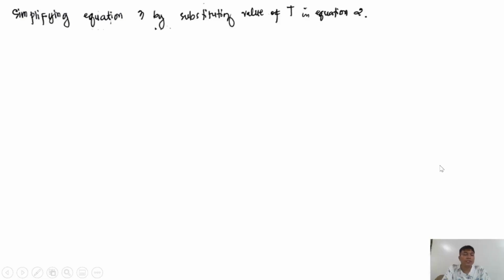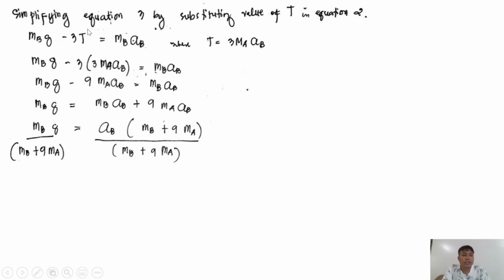Now, simplifying equation 3, substituting the value of T in equation 2. This is our equation 3, right? And our equation 2. Isa-substitute natin to dito sa equation 3. So, we will be getting MB multiplied by gravity minus 9MA, or the mass of our block A multiplied by AB, is equal to the mass of B multiplied by acceleration B. We are going to simplify this one.